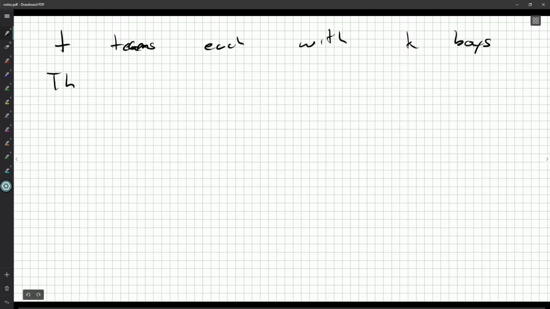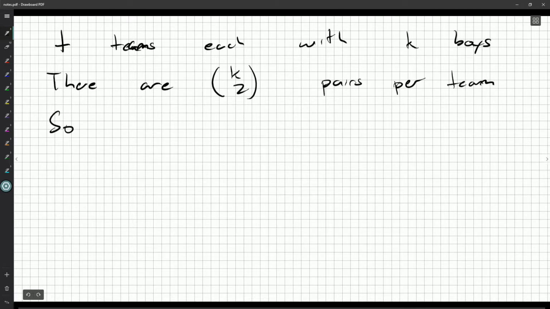Well, we can use a little bit of combinatorics language that we've already seen, choose notation in question 6, I think. So we're comfortable saying this. Out of K boys, choose 2. That's how you make a pair. So there are K choose 2 pairs per team. So there are T times K choose 2 pairs overall.